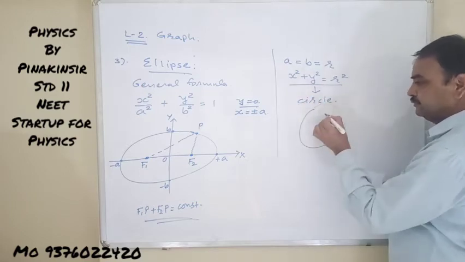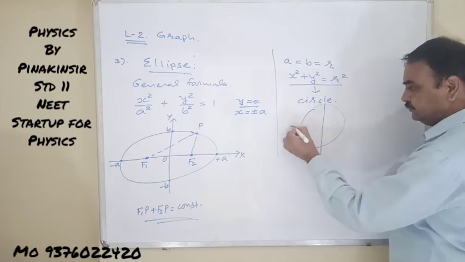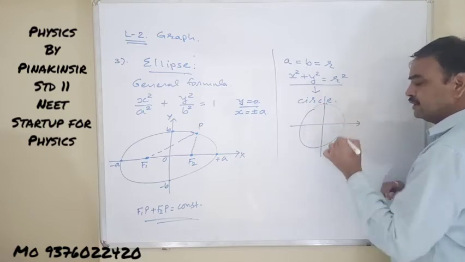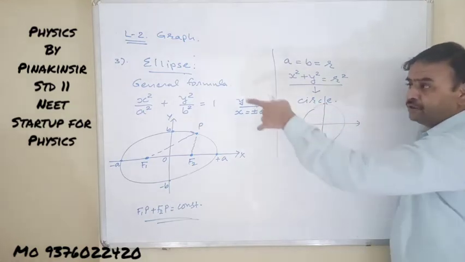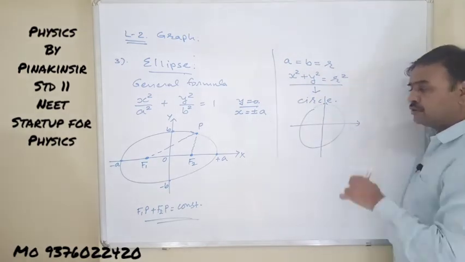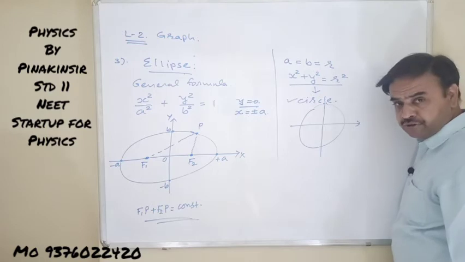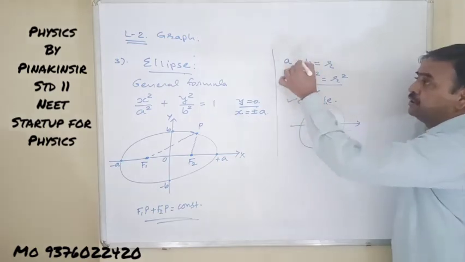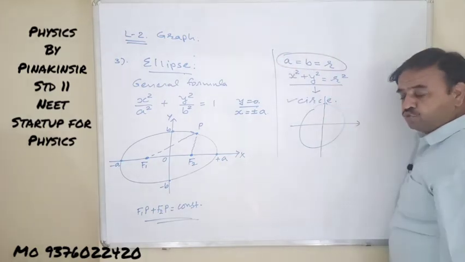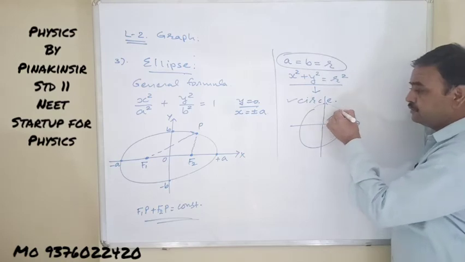Thereby we can say that if a is equal to b, then this formula gives you a circle, and circle is nothing but a special type of ellipse in which a and b are equal to its radius.